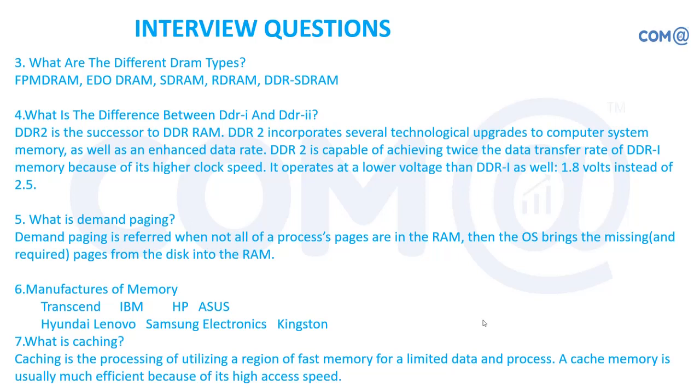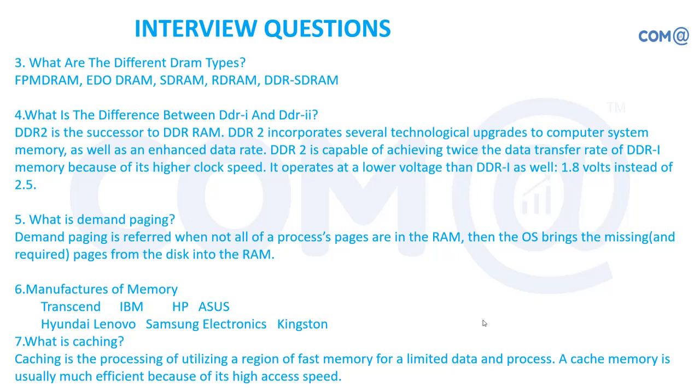In demand paging, the processor requires some information, but it is not available for the processor to consume. Then bringing that information from your hard disk to the RAM is called demand paging. Whenever there is a demand, we are paging the information.